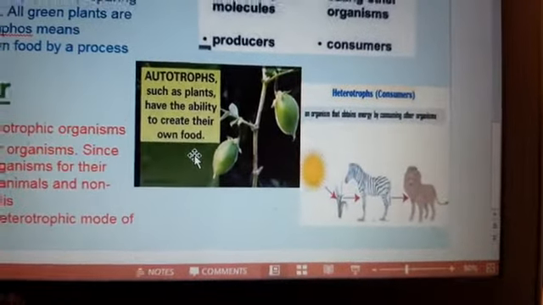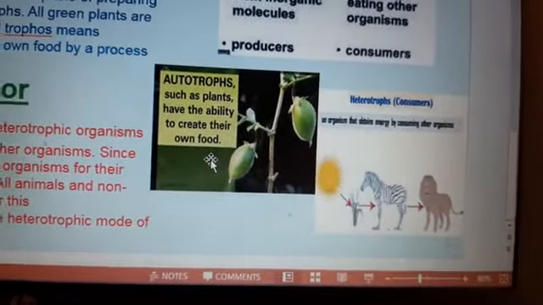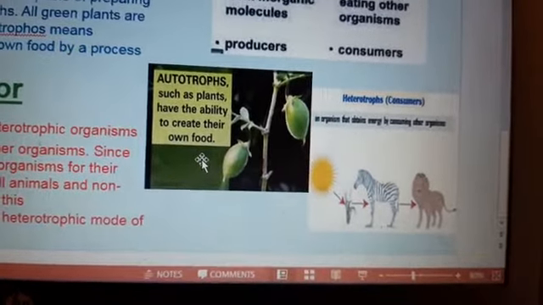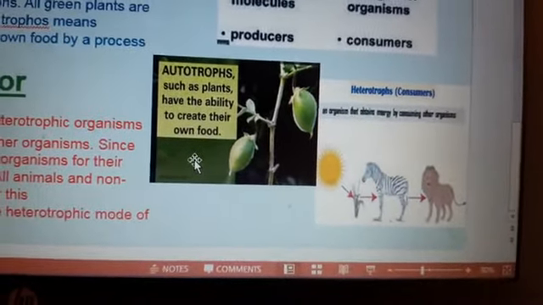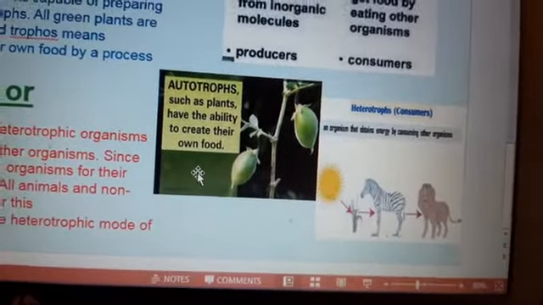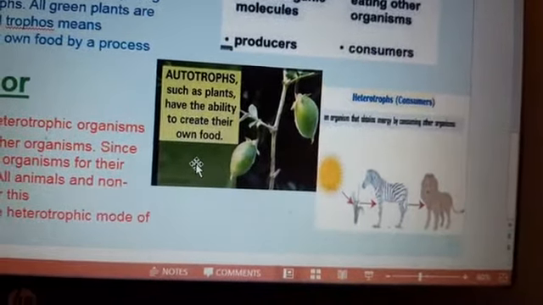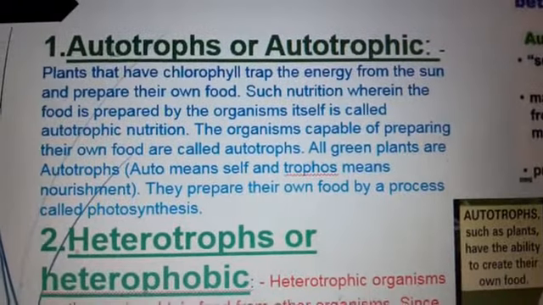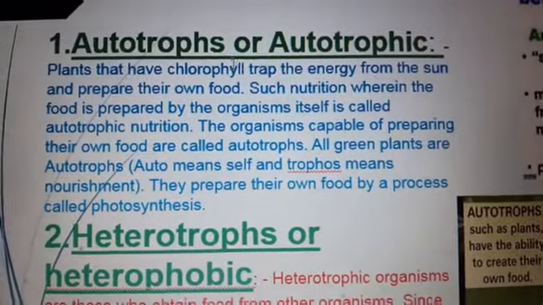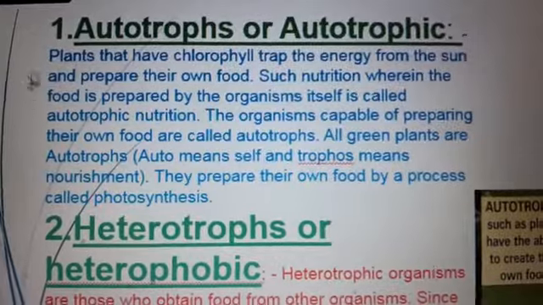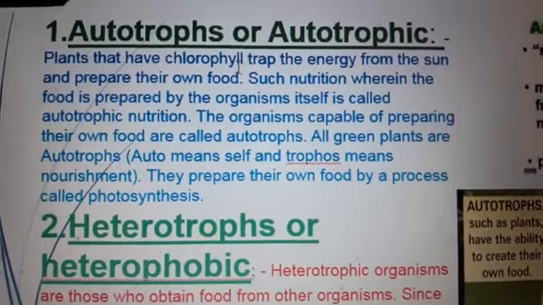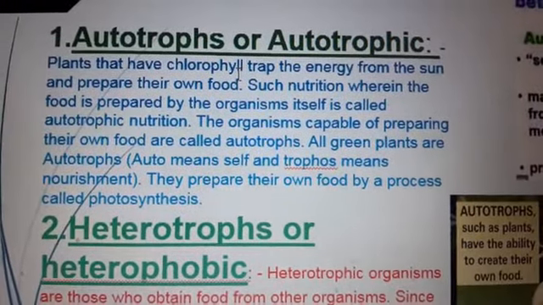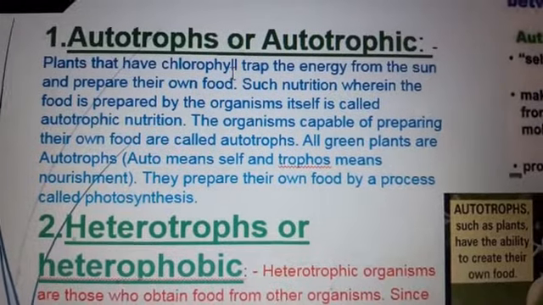All green plants are called autotrophs because they have the ability to create their own food. Autotrophic plants have chlorophyll. We already know plants have chlorophyll, present in the plant's leaf.